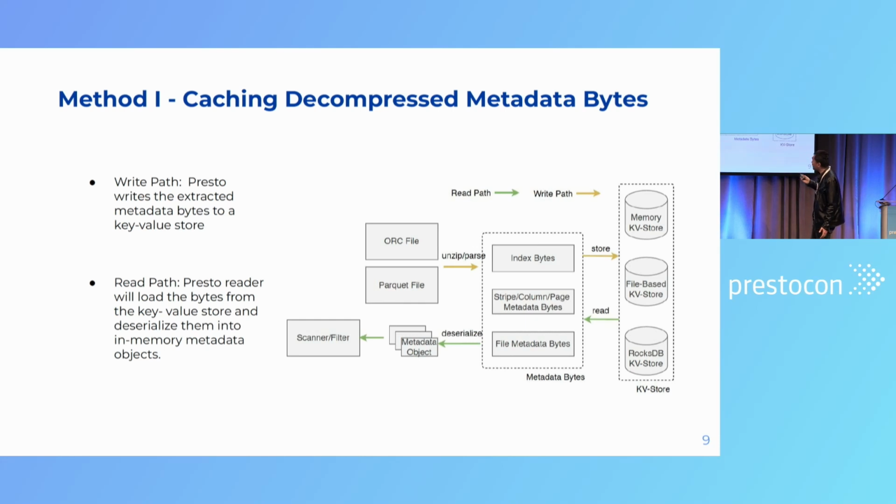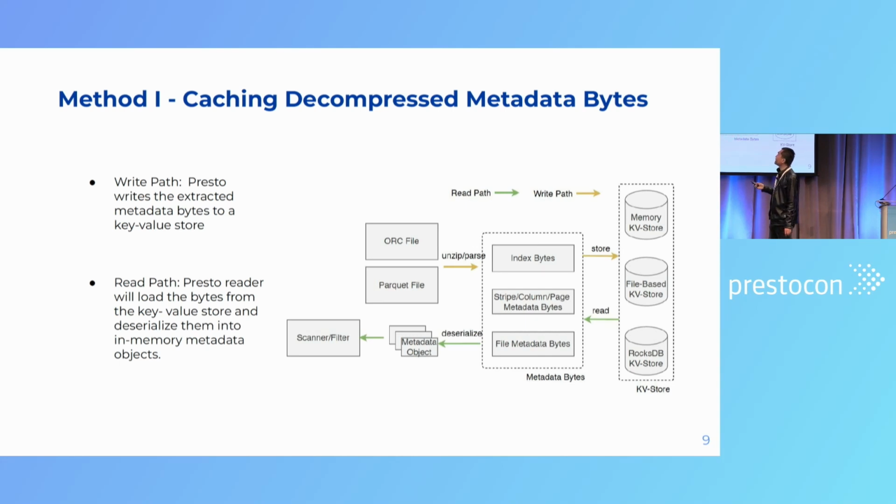If it's not there, which means it's the first time, we write just the bytes of the file metadata, the stripe metadata, or the index bytes to the key value store. It can be in memory. It can also be NVMe. We strongly recommend NVMe, because then you can have a much better capacity. But memory is also okay, because as I said, the metadata is just a small portion of your data file. And when a Presto query hits the same file or the same section again, it will hit the cache, and the cache will return the bytes.